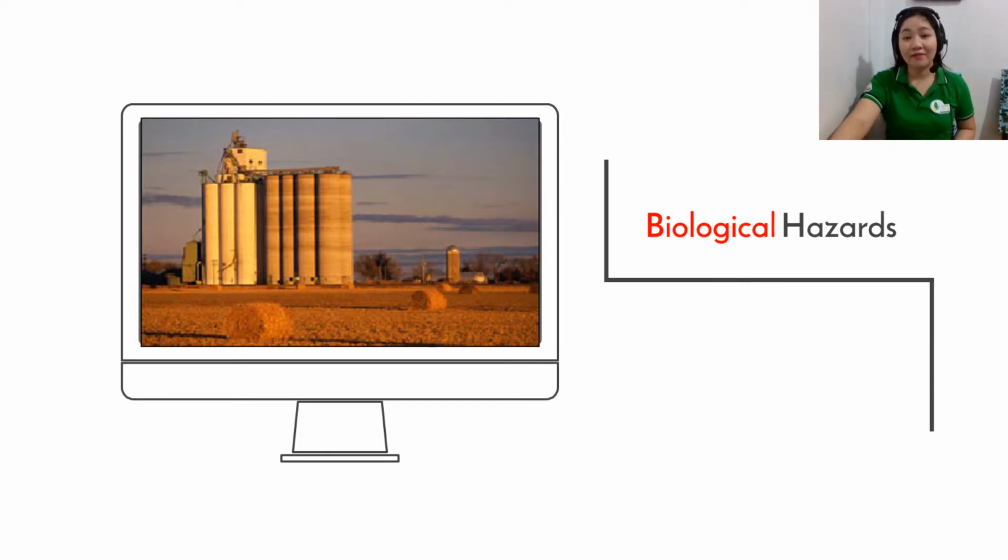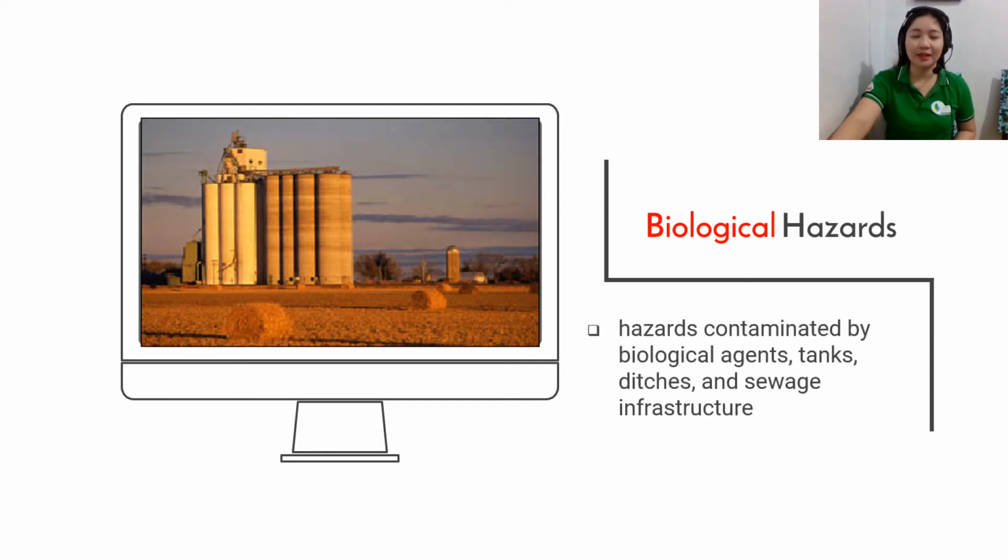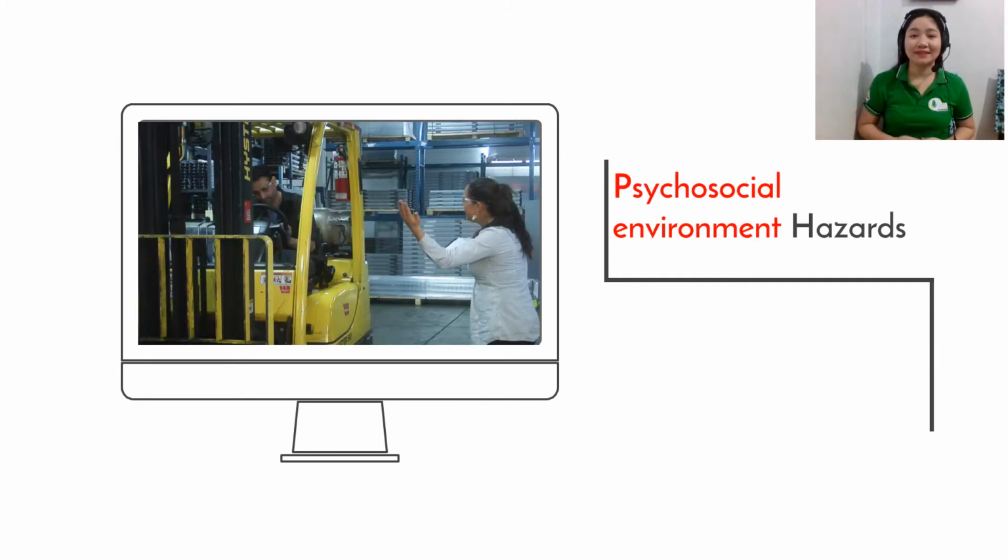We also have the biological hazards. These are hazards contaminated by biological agents, tanks, ditches, and sewage infrastructure. It also includes bacteria, viruses, mold, insects, and vermin. Those are some examples of biological hazards. For the last one, we have the psychosocial environment hazards.